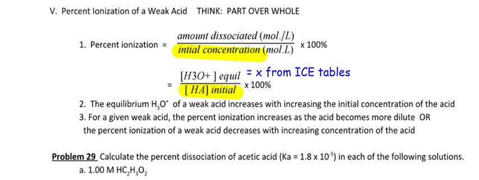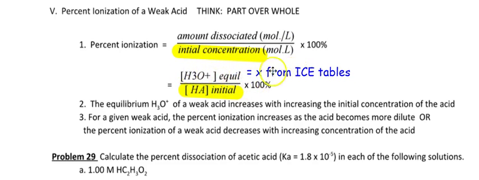All right, so going back to that again. For a given weak acid, the percent ionization increases as the acid becomes more dilute. And I'm adding more water to it, correct? So if it is becoming more dilute, I'm adding more water, I am shifting the equilibrium to the right, making my numerator actually bigger now.